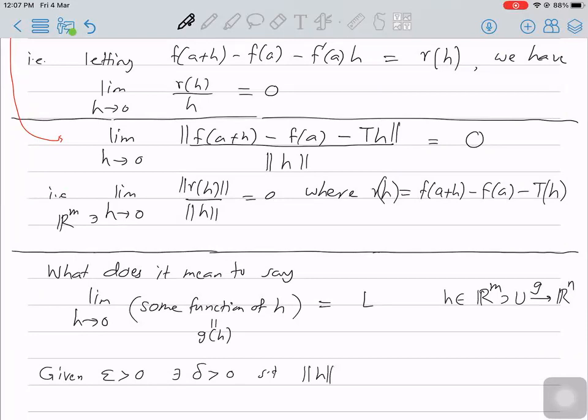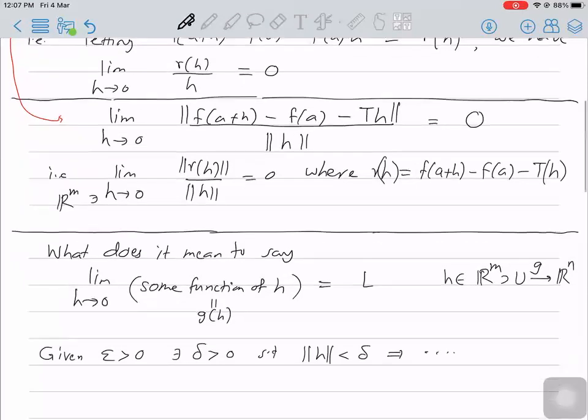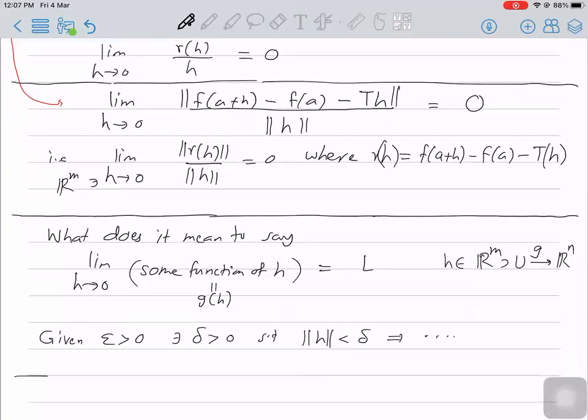So you see, you are taking norm of h over here, and just by definition, it really is identical. There is nothing to prove. Taking the limit as h approaches 0 and taking the limit as norm of h approaches 0 are exactly the same thing.